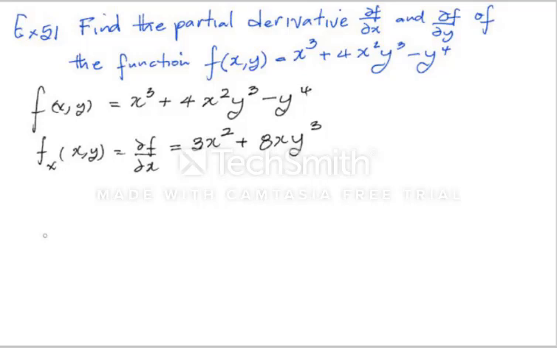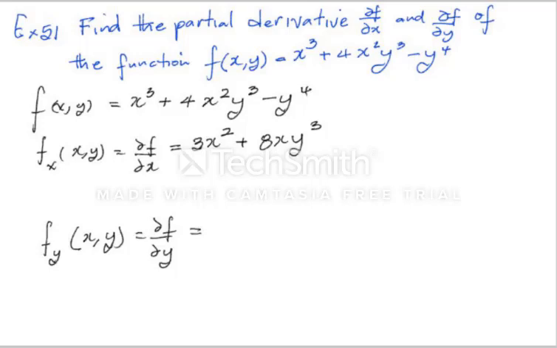Now, f subscript y of x and y, which is the same as saying delta f by delta y. So we're differentiating the function f with respect to y while treating x as a constant. So if x is a constant, it means that x cubed is going to go because it has no y in it.